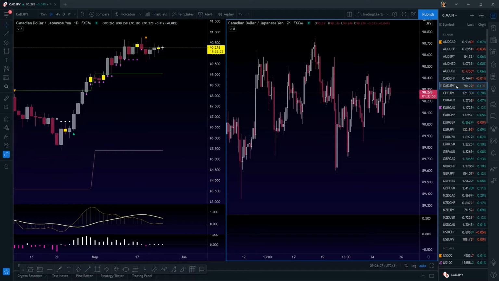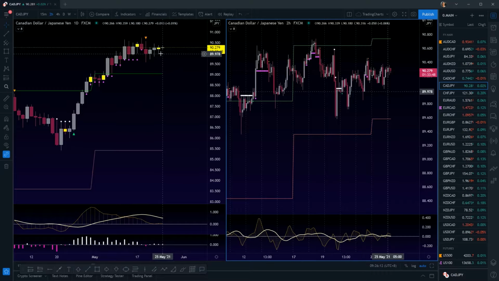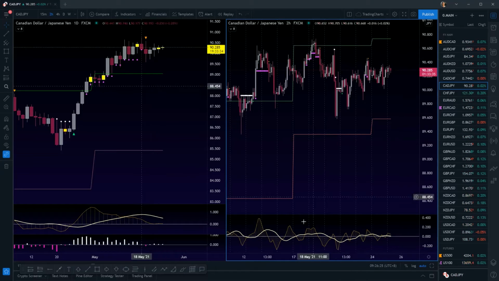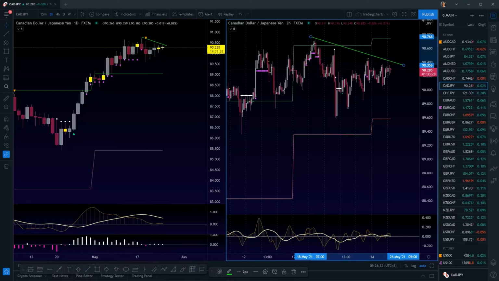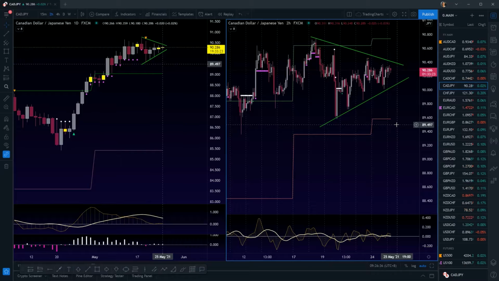So next, Cat Yen, inside bar, narrow range. Yeah, so that means if you look, it's just a red shape, it means it needs to wait for the breakout.